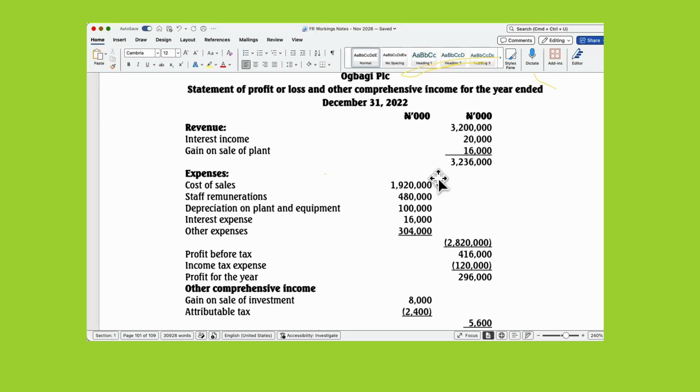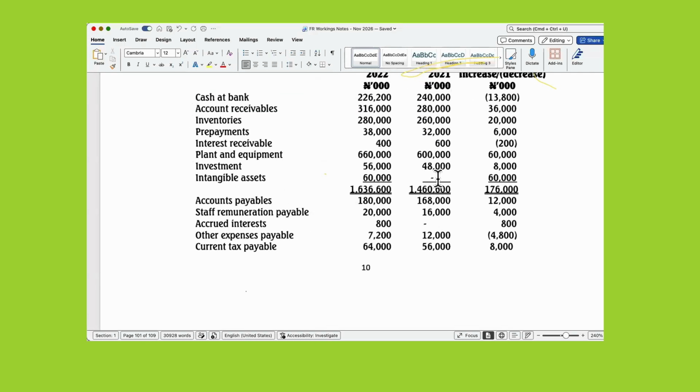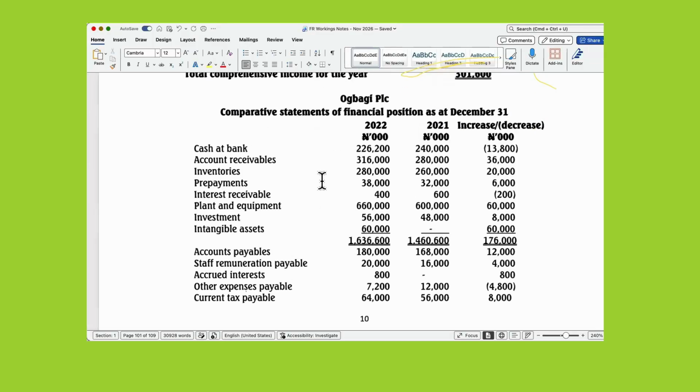But when we got to my interest receivable, I saw that there was none that you have not received, because there was a decrease in receivable.